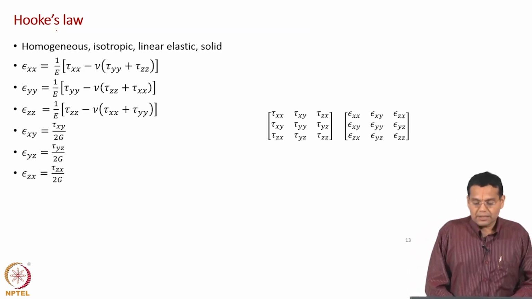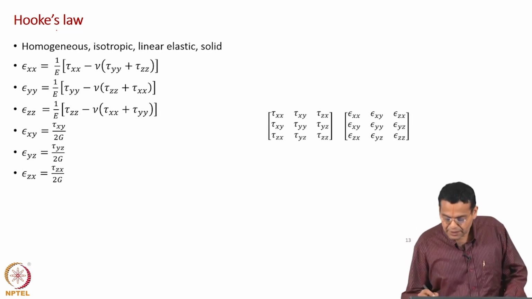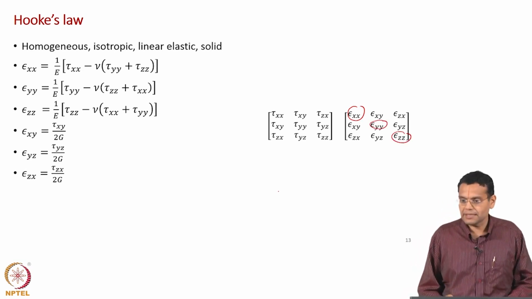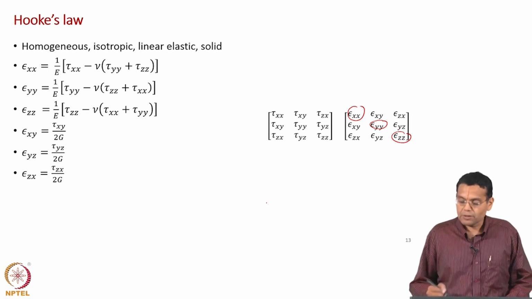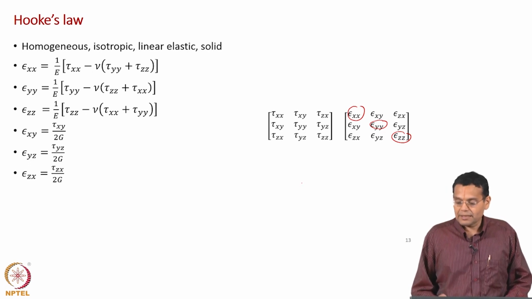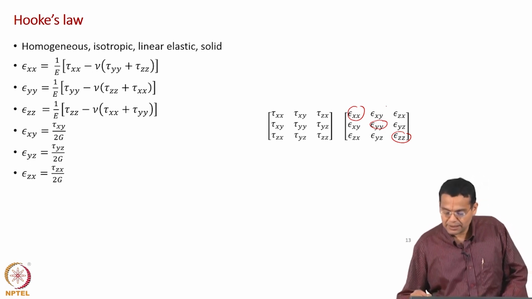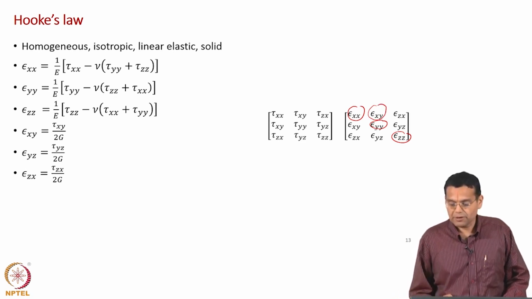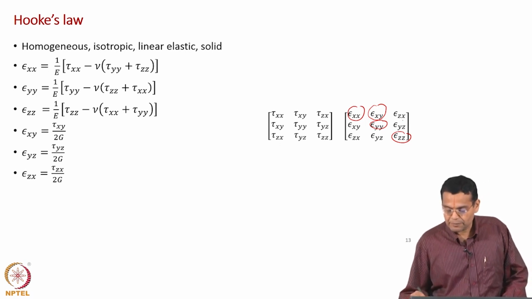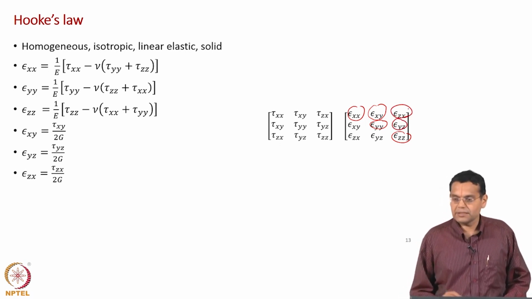So, what is it that we have done? We have written relationships for the diagonal components of the strain tensor epsilon xx, epsilon yy, epsilon zz, the normal strains. We have also written expressions for the off diagonal elements, namely epsilon xy, epsilon yz, and then epsilon zx.